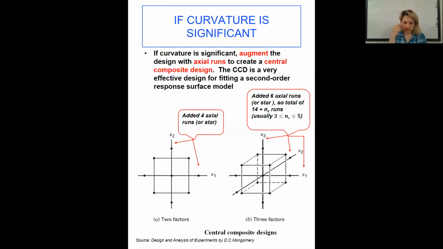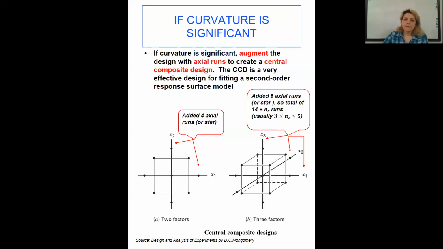Whenever you hear central composite design, be aware that you had your full factorial or fractional factorial, and you added center points, let's say, to find the pure error, and you added some axial runs.